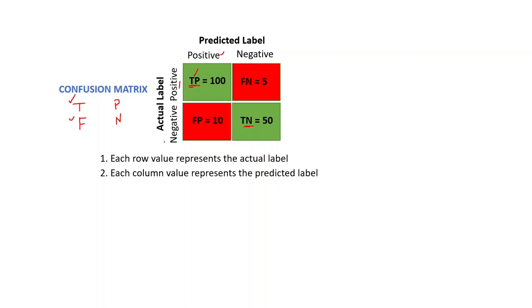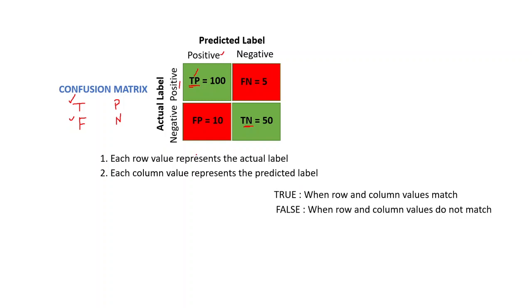So this part is over. Now coming to this part, regarding P and N. This P and N is what your classifier predicted, not the actual values, but what the classifier said.